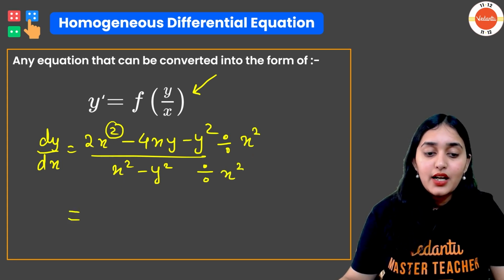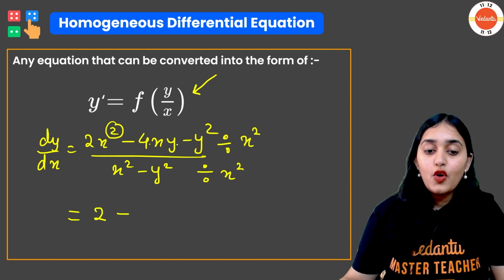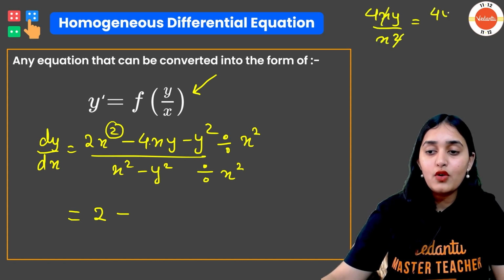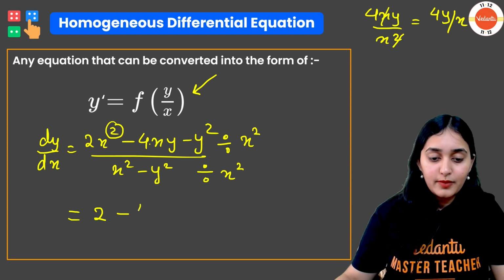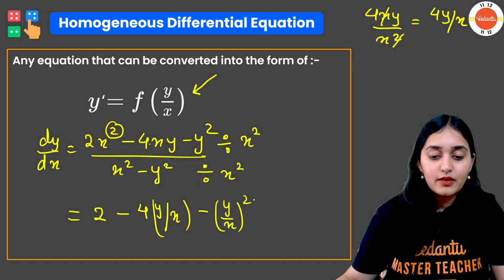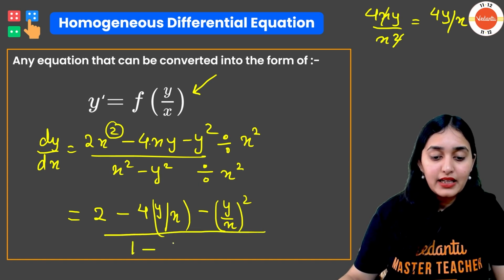So it will be 2x square upon x square, which is 2. 4xy upon x square, x cancels, it will be 4y by x. So it will be 2 minus 4 into y by x minus y by x whole square, because y square upon x square, upon 1 minus y by x whole square.